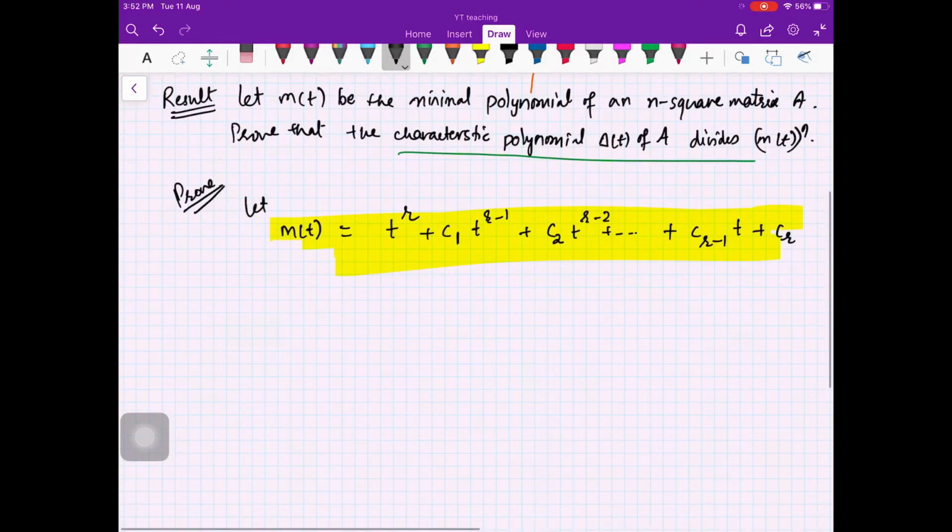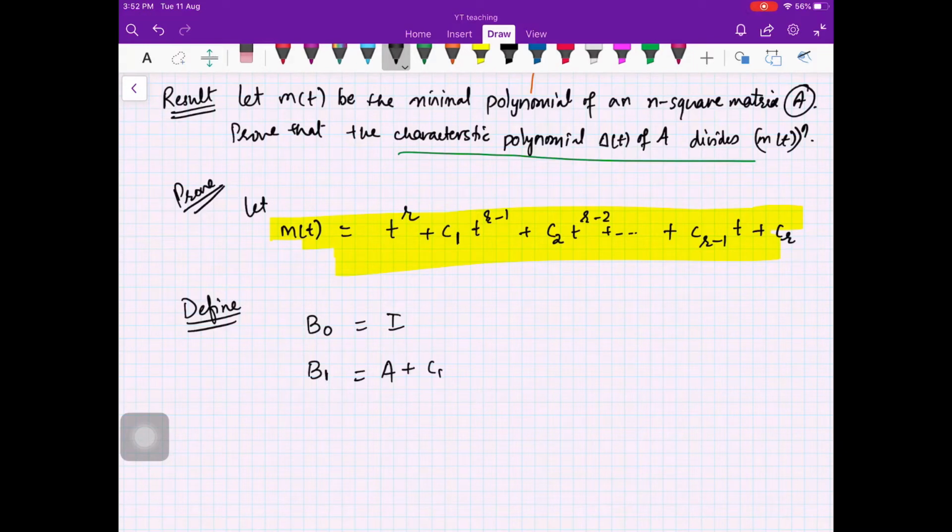Now I am defining some matrices. Define a matrix B0 as the identity. Then I am defining another matrix B1 as A, which is the given square matrix A, plus c1 I. And then I am defining B2 as A square plus c1 A plus c2 I, and so on.